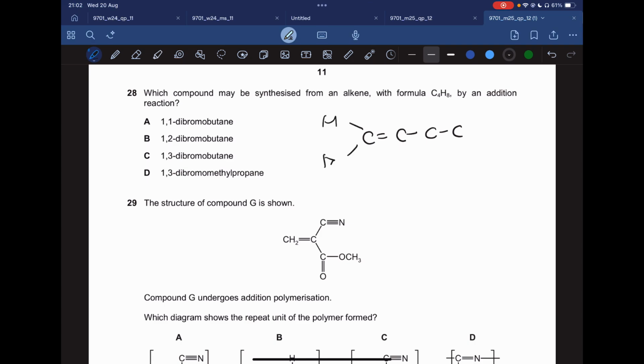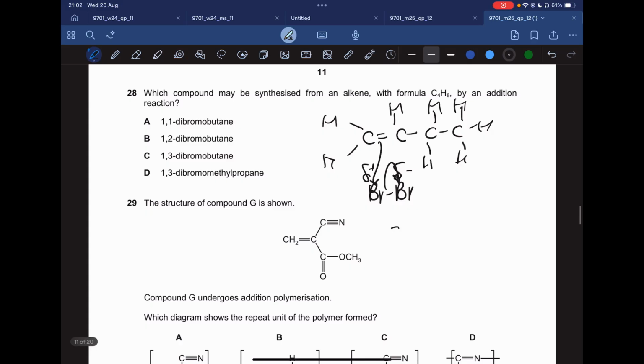What needs to first happen is that, because of this polar bond, this becomes slightly positive and this becomes slightly negative. This gets broken and this gets attacked. The Br gets attacked.